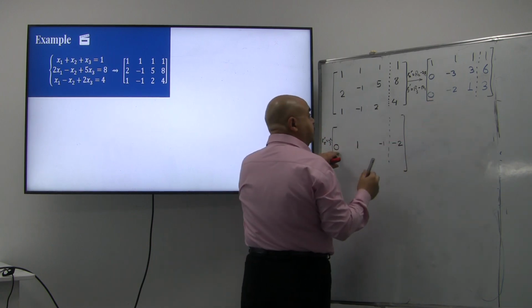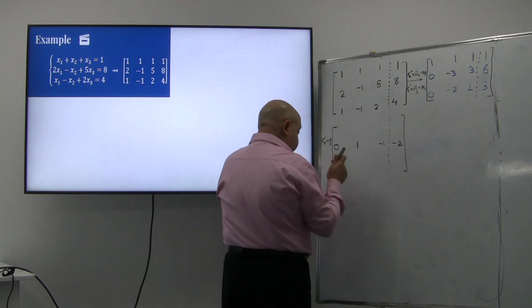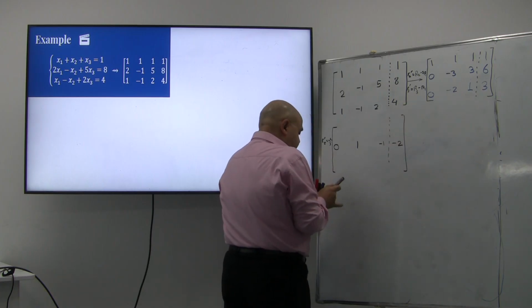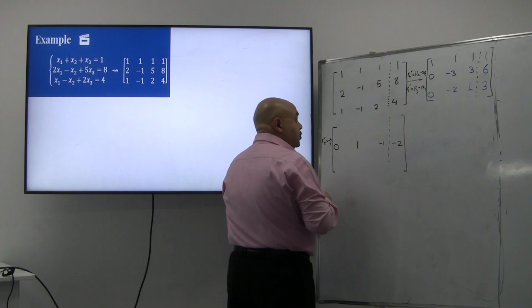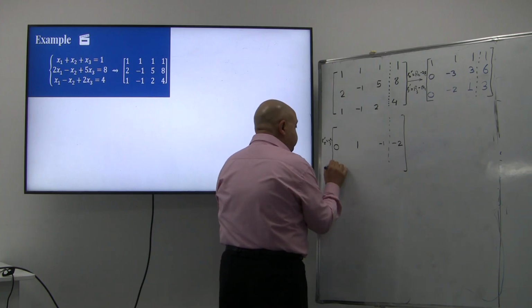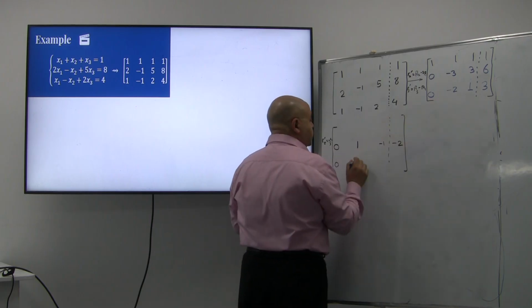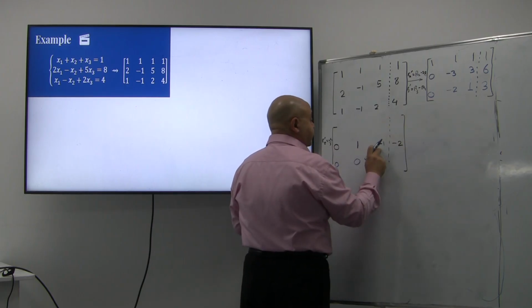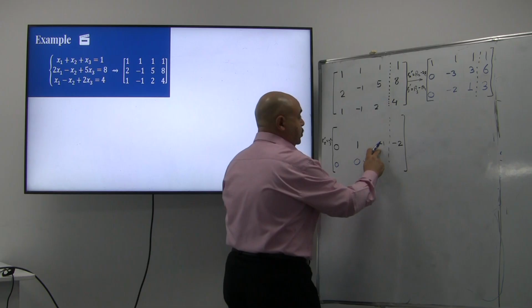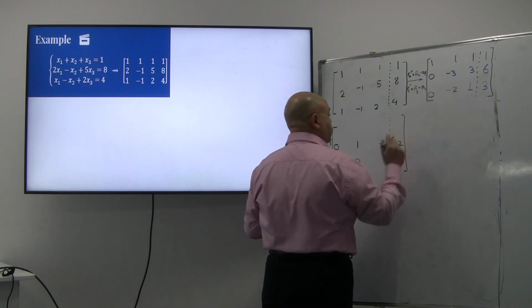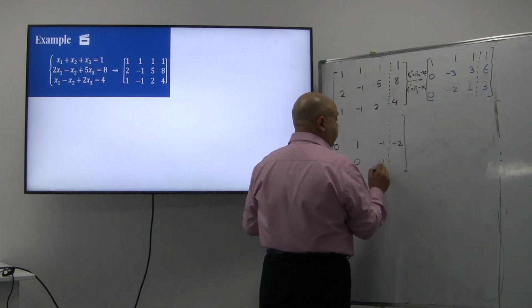Multiplying by 2: 2 times 0 is 0, plus 0, so the result will be 0. Then 2 plus negative 2, so it's going to be 0. Negative 2 multiplied by positive 2 is negative 2, plus 1, so it's going to be negative 1.